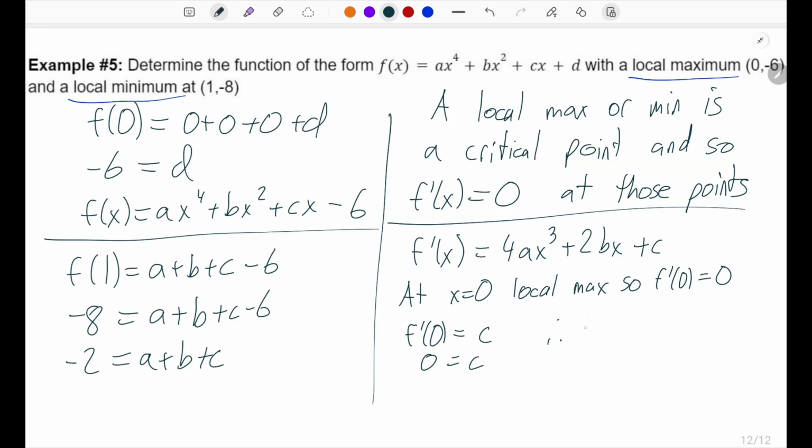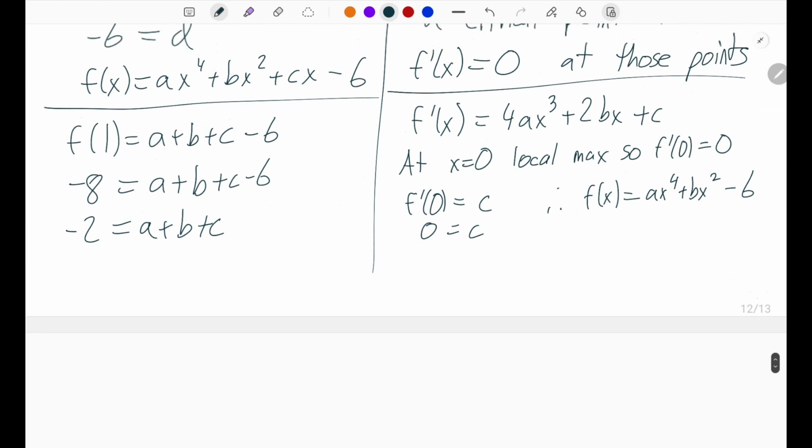So therefore, now let's rewrite our function. f of x is equal to 4ax cubed. Oh, sorry, that's the derivative part. It's that. And let's continue onwards.